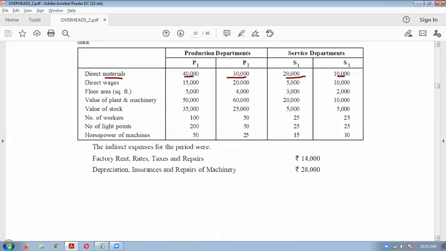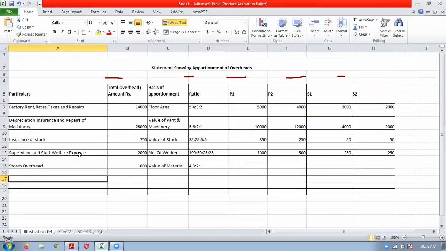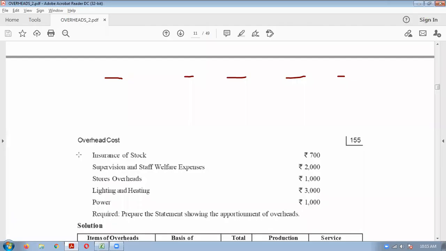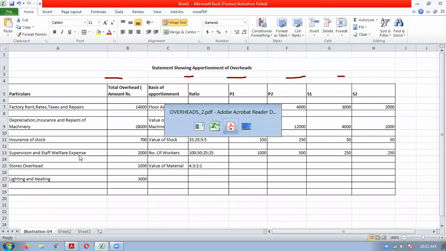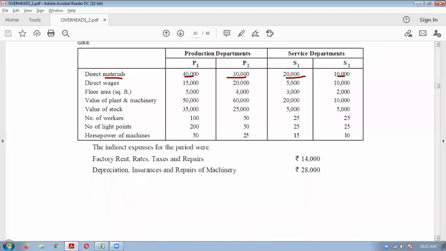Next, lighting and heating. Lighting and heating is 3000. Which base can you use? See, number of light points is given. Lighting means on light points you can allocate, no? 250, 25, 25.